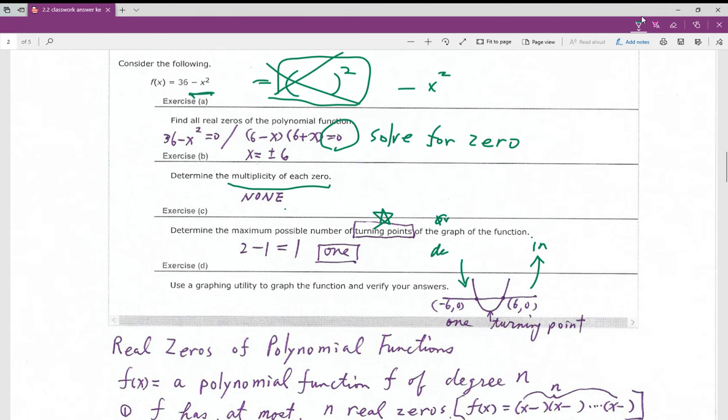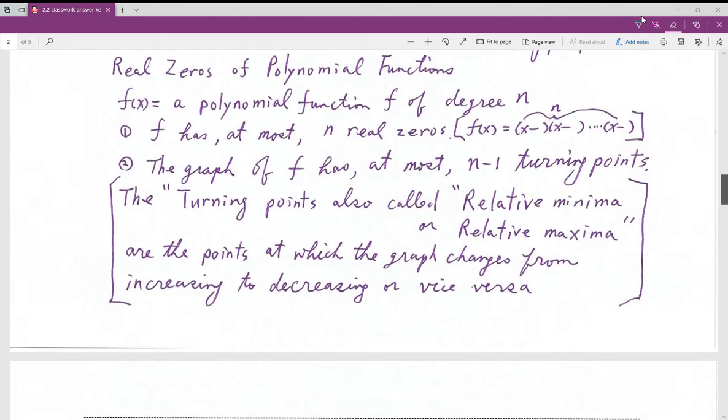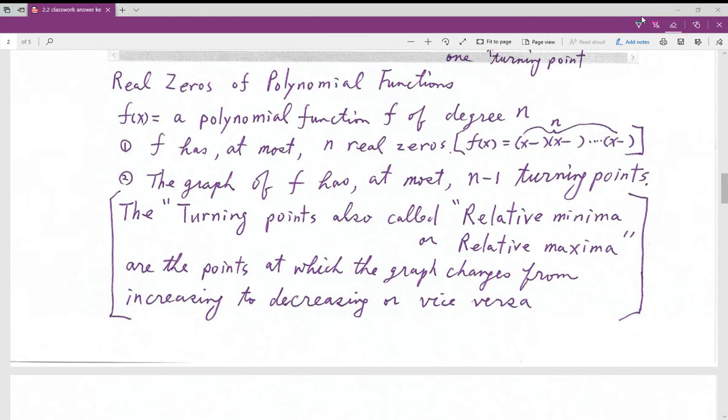Doesn't matter, we just call this a turning point. Now, let me show you the definition. So we say at most.